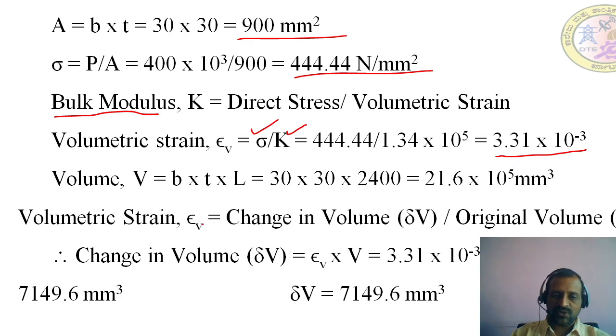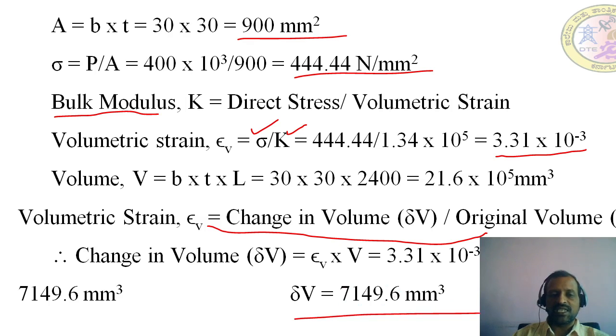So volumetric strain epsilon V is equal to, you know that already, change in volume, that is delta V, divided by original volume, that is V. Therefore change in volume delta V is equal to epsilon V into V, that is 3.31 into 10 to the power of minus 3 into 21.6 into 10 to the power of 5. So that is equal to 7149.6 mm cube. So this is the change in the volume, which is asked in the problem.